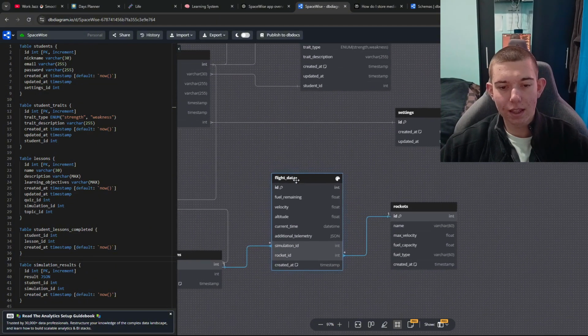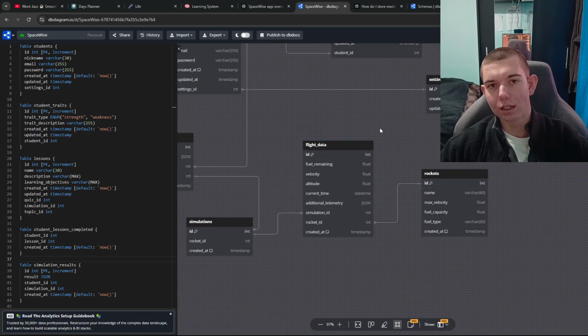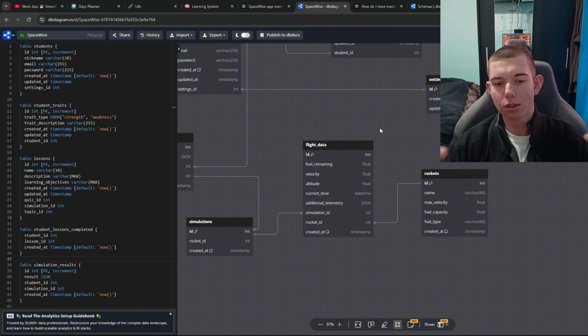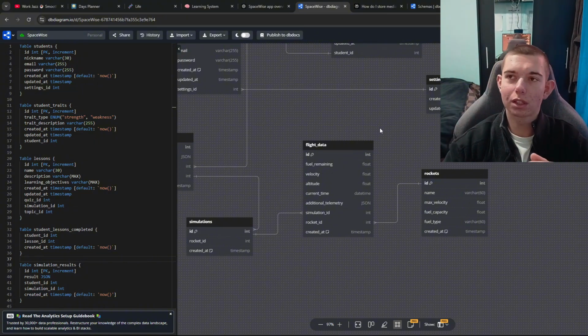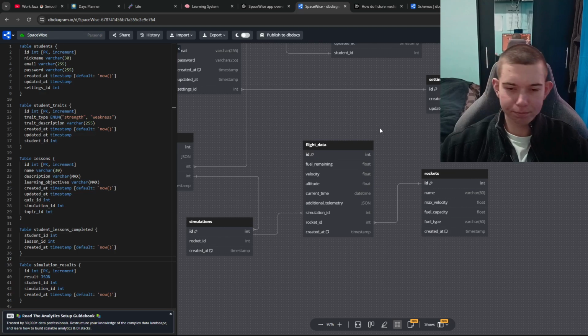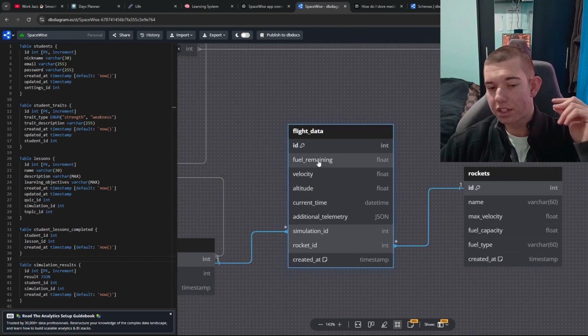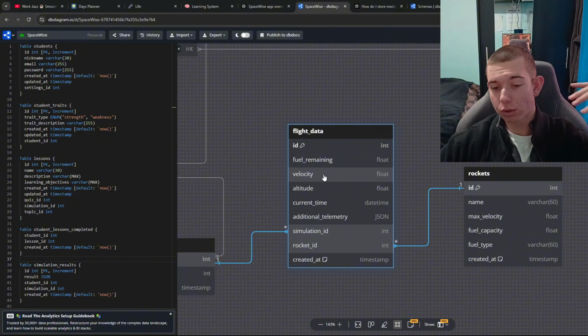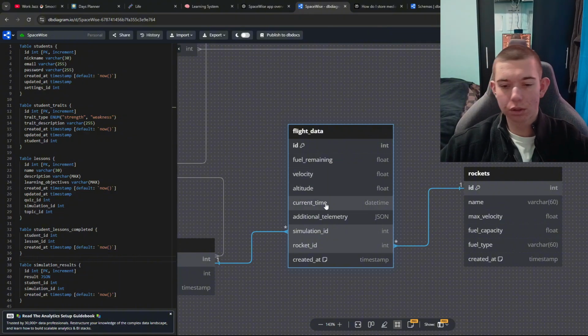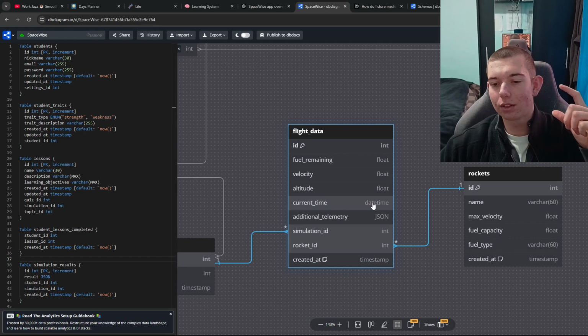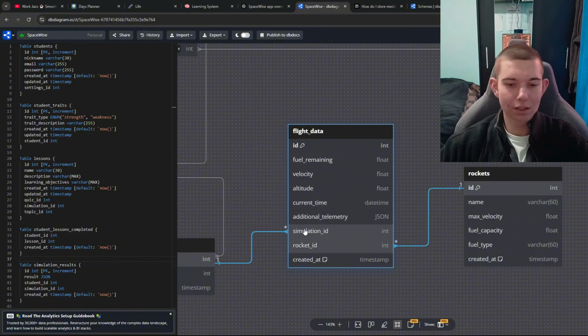Here we have the flight data table, which is going to be making snapshots of the data of the rocket when it is flying. For example, if the rocket gets to max speed, then we can make a snapshot here and see how much fuel was remaining, what the velocity was, what the altitude was, and what time exactly the rocket arrived at max speed.